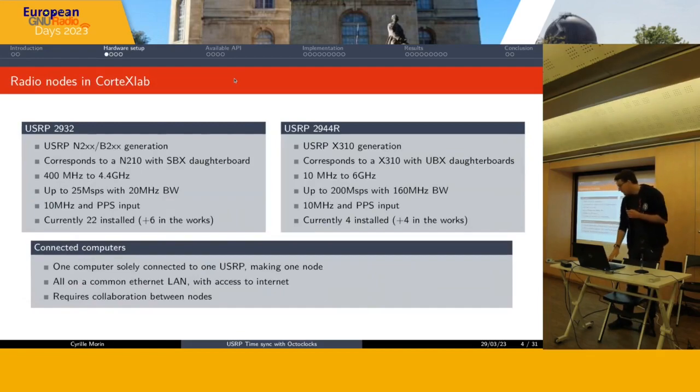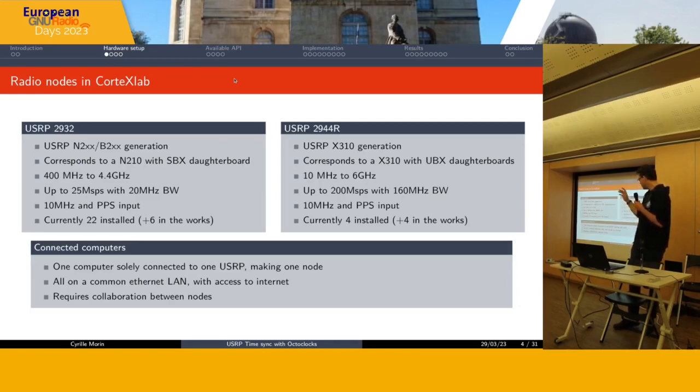Okay, so first, what is the hardware we have? We use the CorteXlab room that is actually available to everyone if you want to. And we have, for this purpose, two types of USRPs. One older generation, the 2932, which is based on the N210 family. And also the 2944, which is a specific instance of the X310 USRPs.